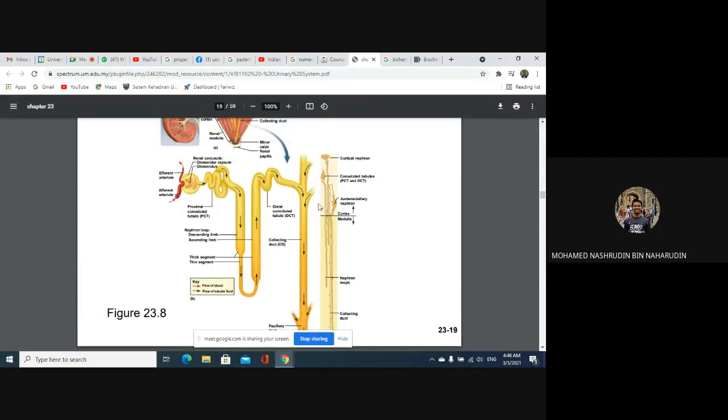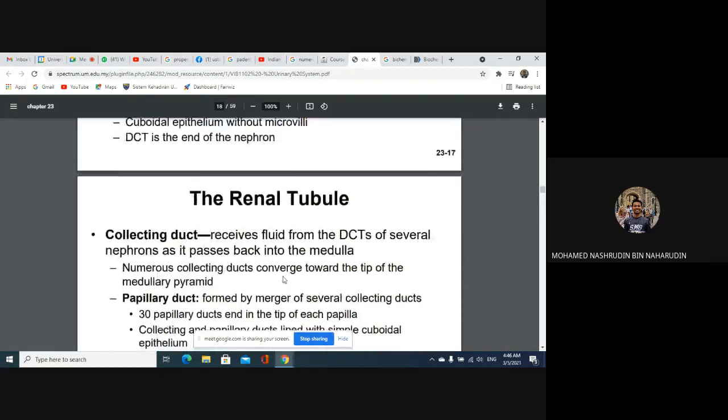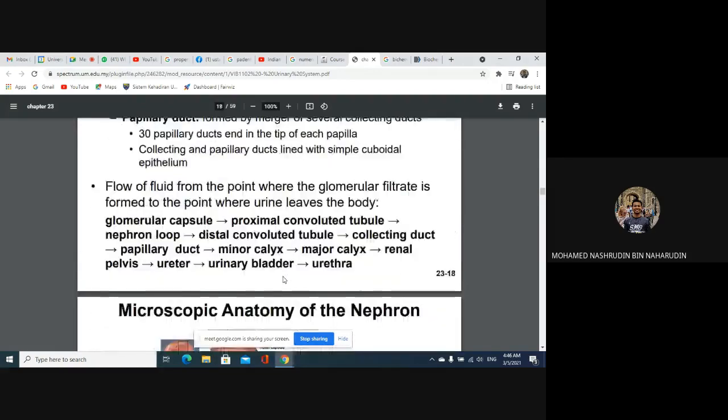So this is how it looks like in real life. It looks like a bunch of strands, right? So it's really long. It's pretty long. Carry this through.